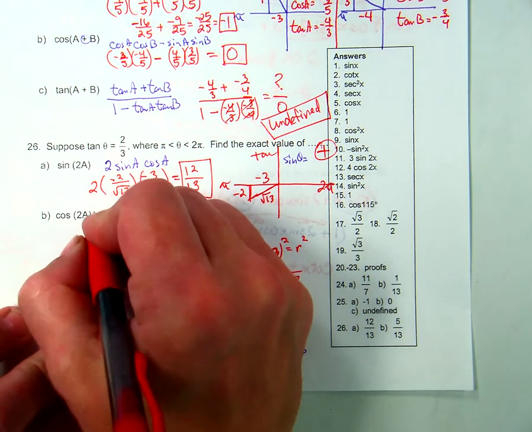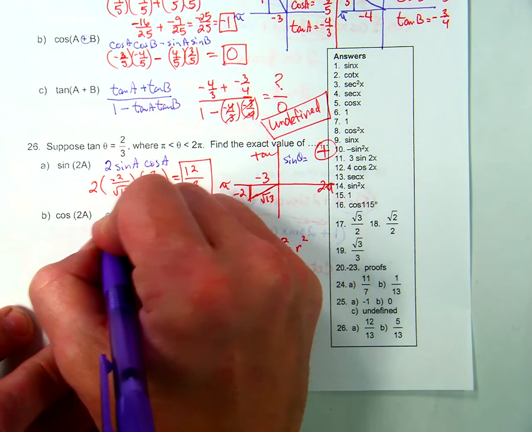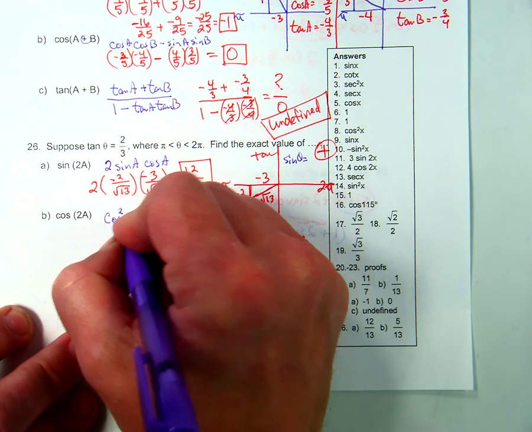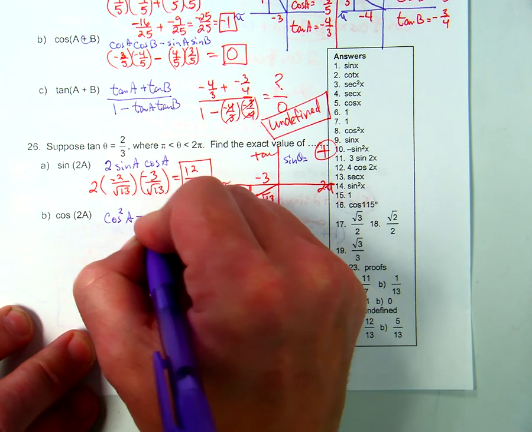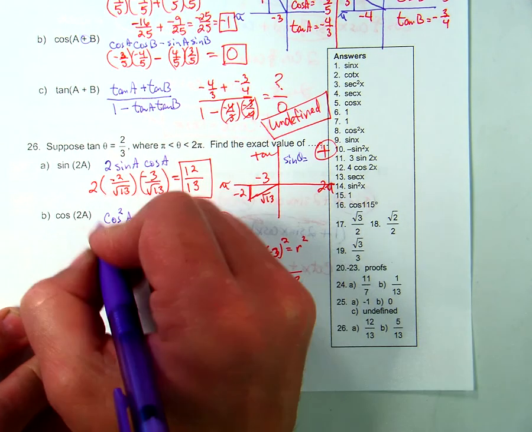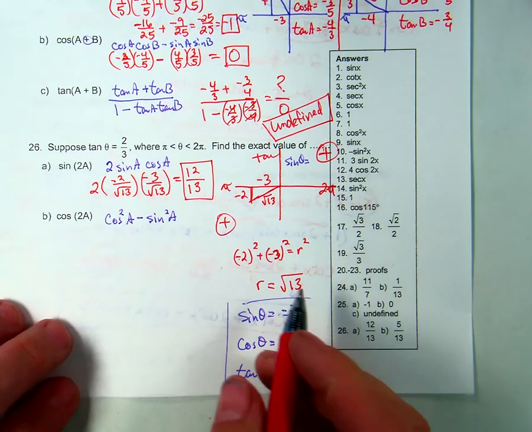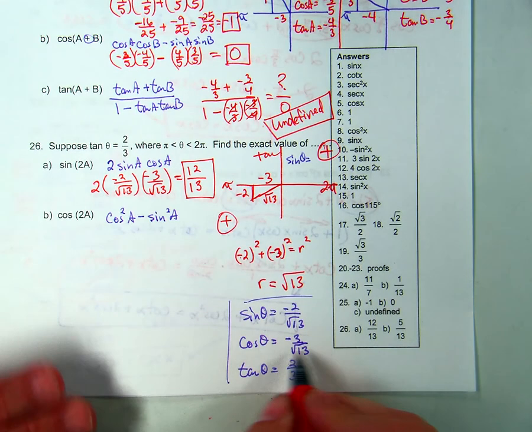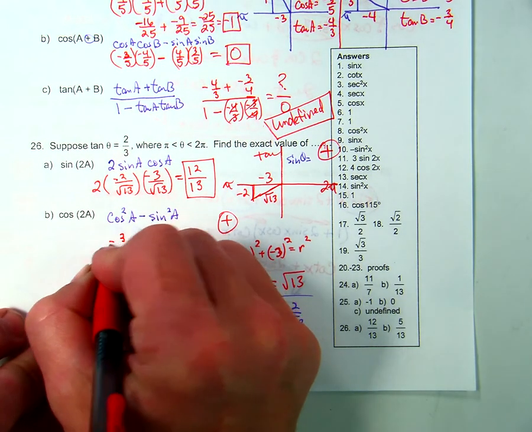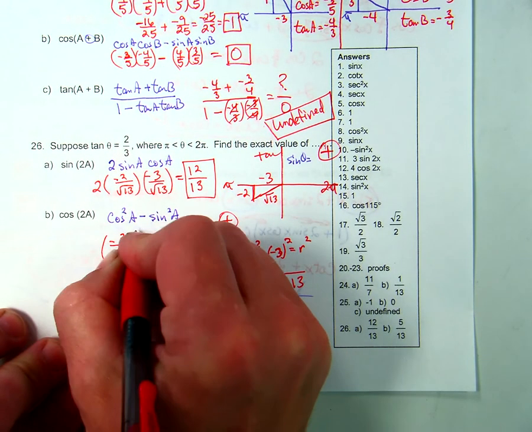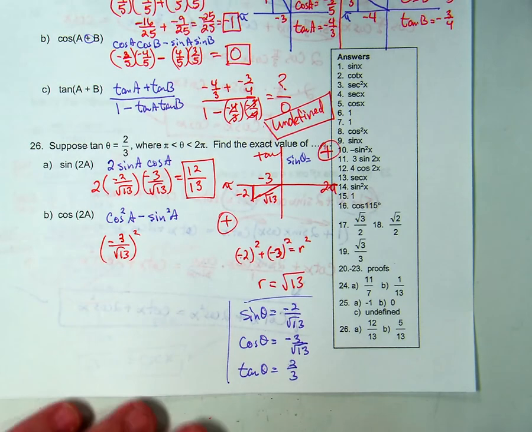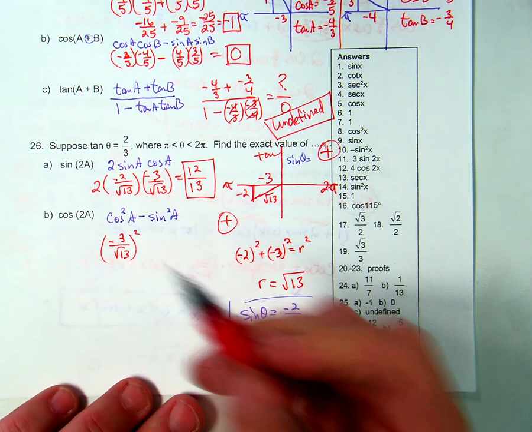So we know that this is the same thing as cosine squared a minus sine squared a. Let's plug in our values now. Cosine was what? Negative 3 over the square root of 13 squared, right? That's the same thing as cosine a squared.